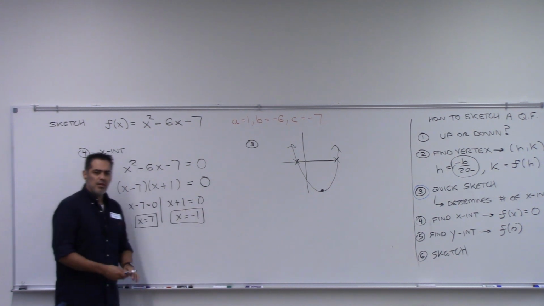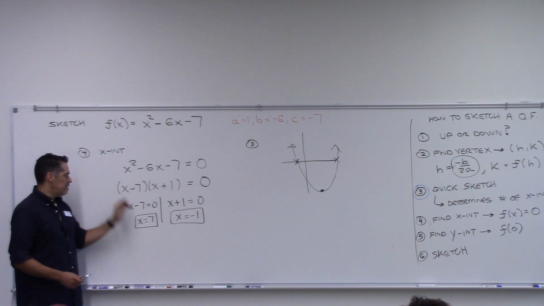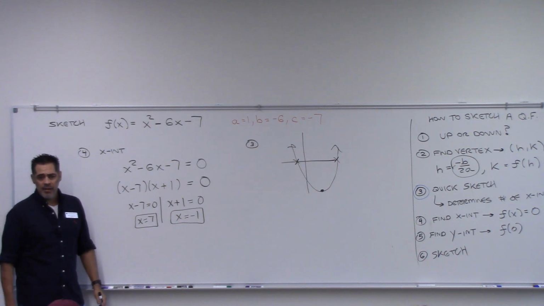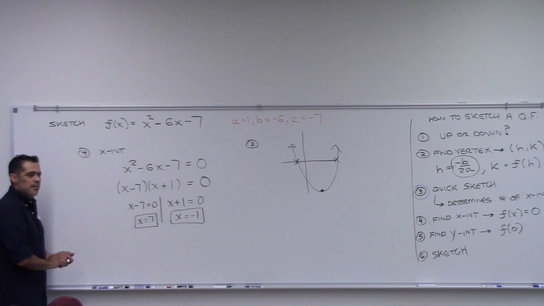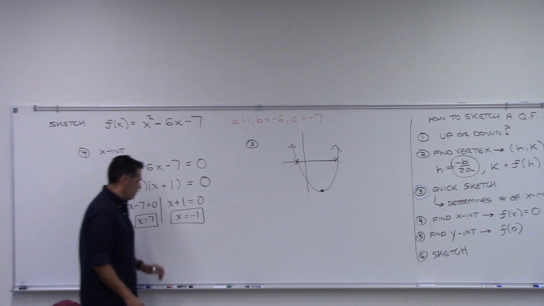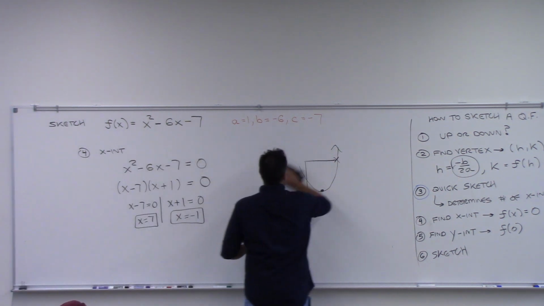There they are. What is your other option if you can't factor? What's your other option to get to these answers? Quadratic formula. It takes more time though, right? And there are places where you can make mistakes, and we should get the 2 answers. Questions there? Step 5. Step 5 is the y-intercept. How do we find the y-intercept?